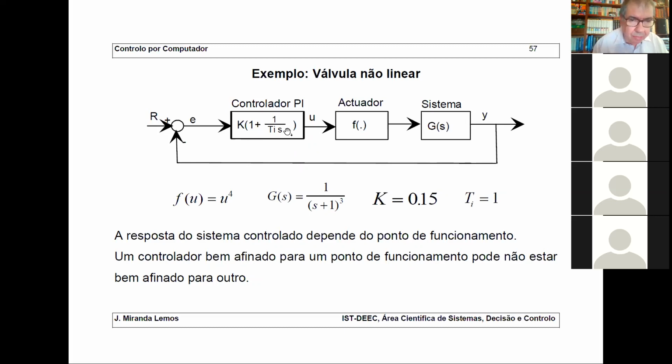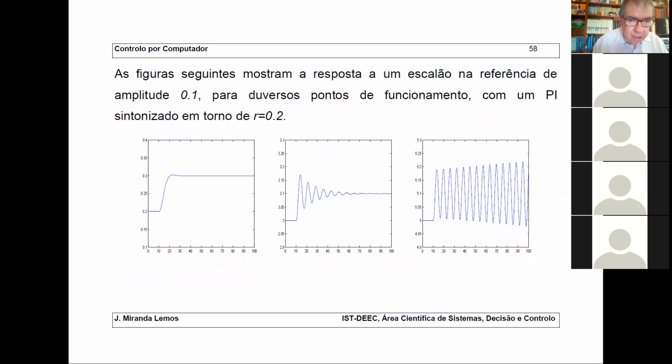Now, let's see what happens. Suppose that you apply a step variation in the reference, but starting from different points of work. So you are at an equilibrium point, which is 0.2 or 3 or 5. And you see that at 0.2, the response is quite nice.